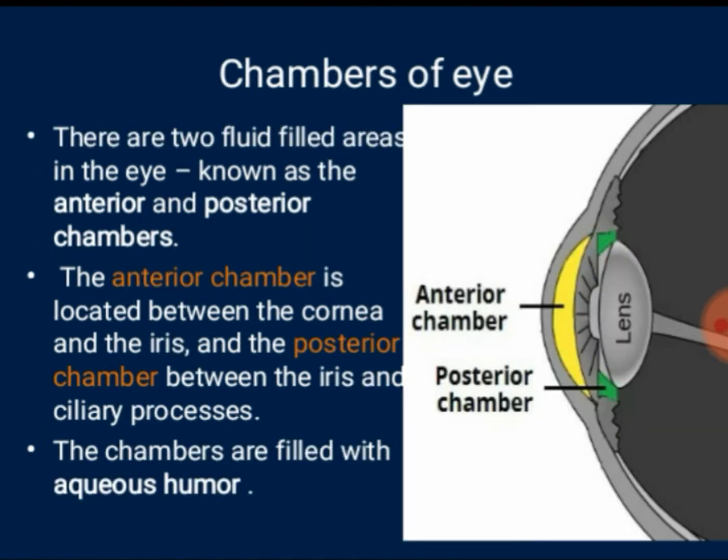Now, chambers of the eye. Our eye has two chambers, the anterior chamber and the posterior chamber. Both chambers are present in front of the lens. These chambers are filled with aqueous humor, which is formed by the ciliary body.